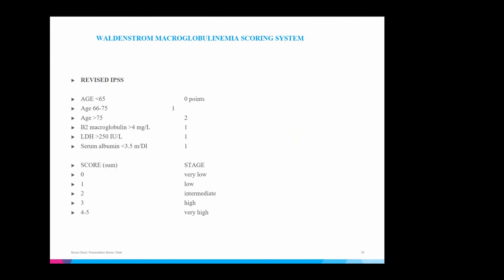There is a scoring system for patients with Waldenstrom's, and it's a little bit different than the myeloma scoring system. It does take into account age, does also take into account the LDH and serum albumin, and this should be beta-2 microglobulin, not macroglobulin.